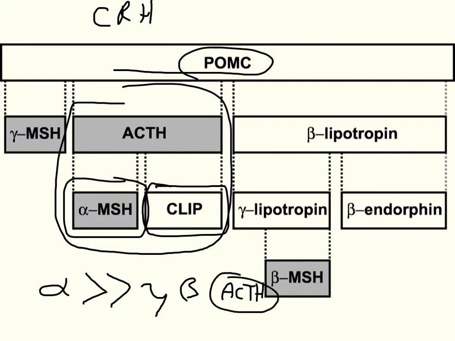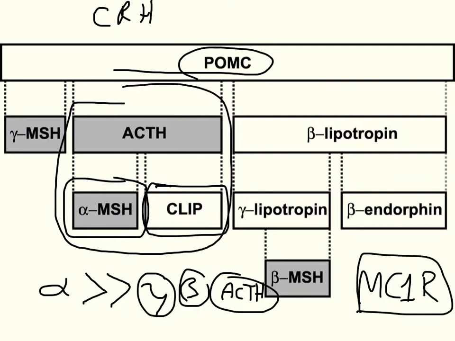However, ACTH and this beta and this gamma cleavage products can all act to promote melanocyte stimulation. And they'll typically act on the MC1R receptor to promote melanocyte production, or rather melanogenesis, not the proliferation of the melanocytes themselves, but the production of melanin.